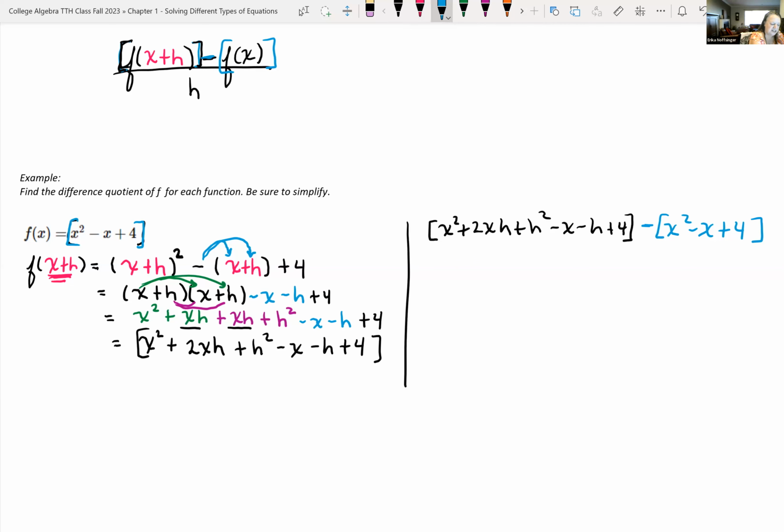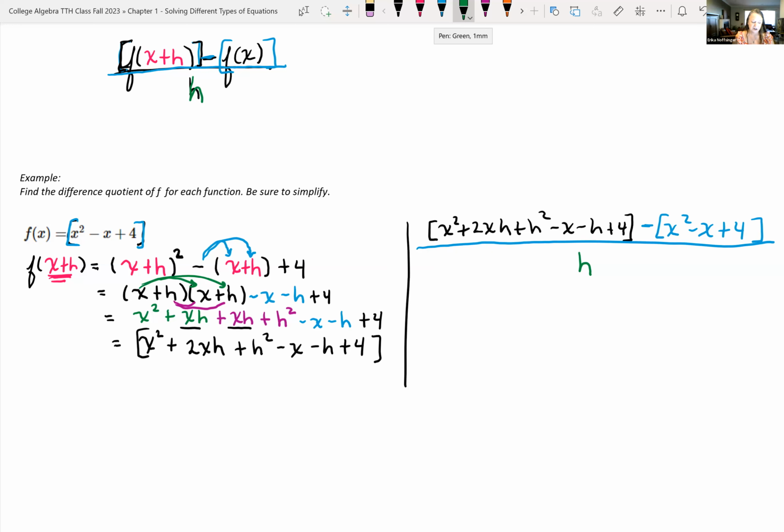And then it tells us we're taking that whole thing and putting it over the variable h. So it looks really nasty, but once we go through here, things are going to start simplifying out really nicely.